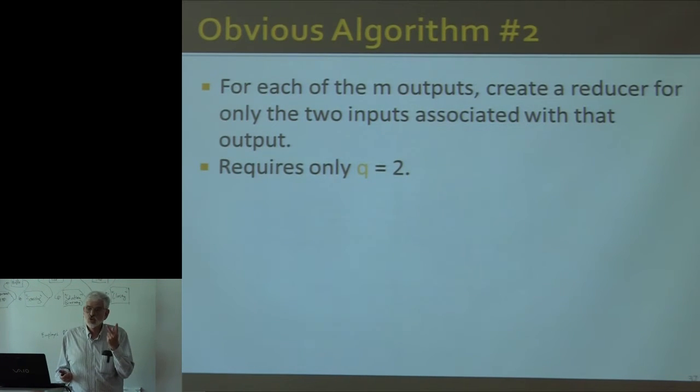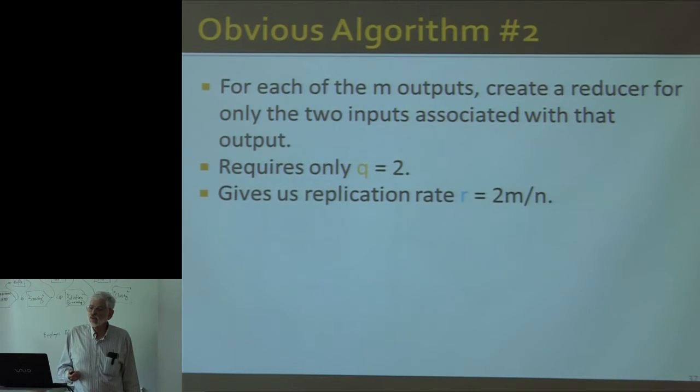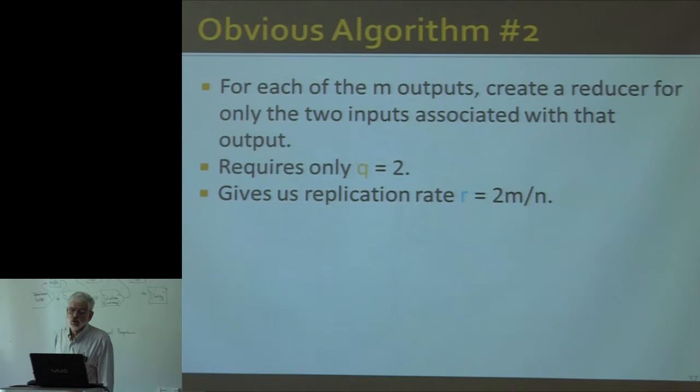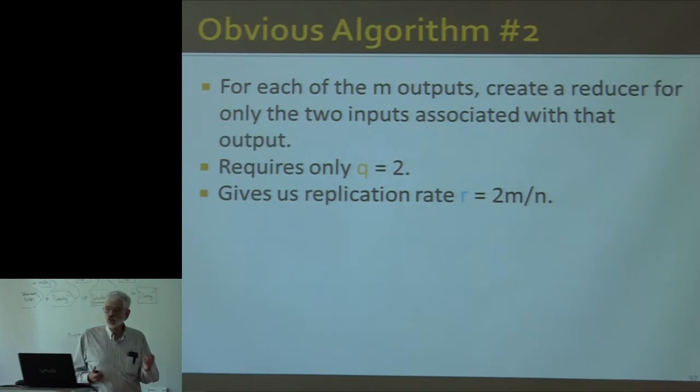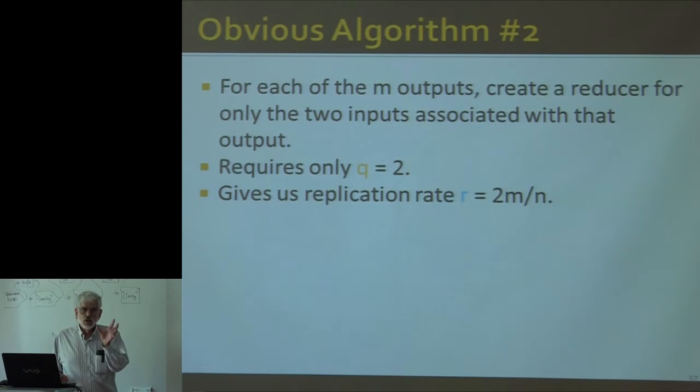Because each reducer gets two particular inputs, and the replication rate I claim is 2m over n. Why? Because there are m edges. Each edge requires two inputs, so that's 2m copies of inputs that get shipped, and the replication rate is the average per input, so I divide by n, and so I get 2m over n. Forget about the factor 2, just call it m over n.